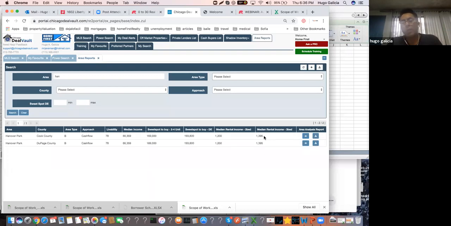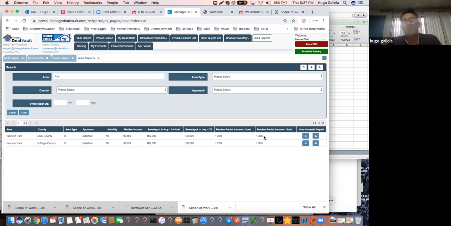Now, something to keep in mind that catches my eye right here. I like the fact that it's a B market. Remember, we have A through D, A being the best, D being a war zone. So B is the bread and butter. But remember what we talked about on Tuesday, the 1% rule of thumb. If you buy a property for, in this case, $193,000, you should collect at least 1% of that for the numbers to cash flow.